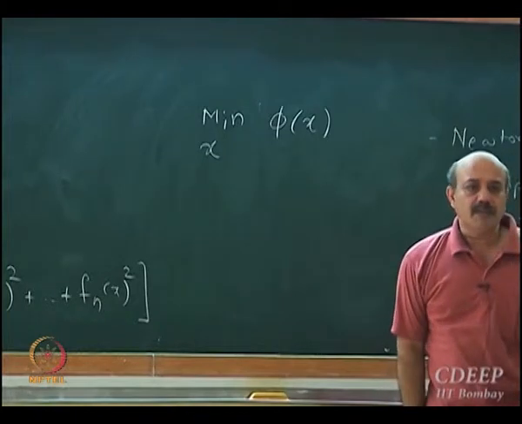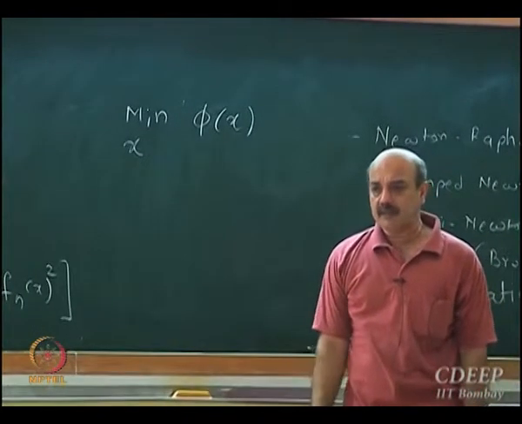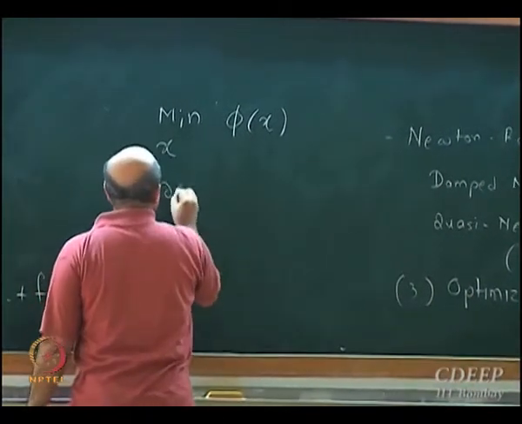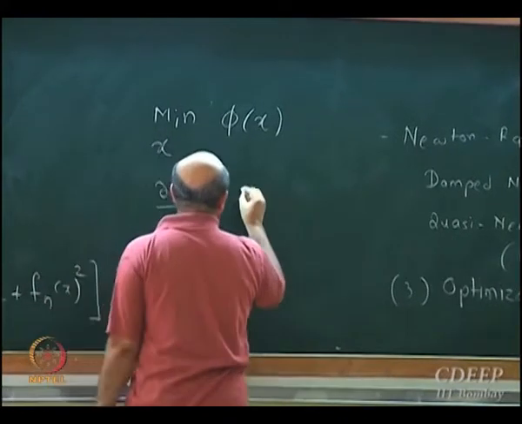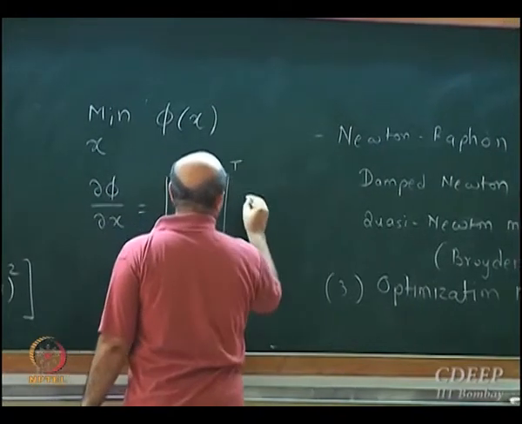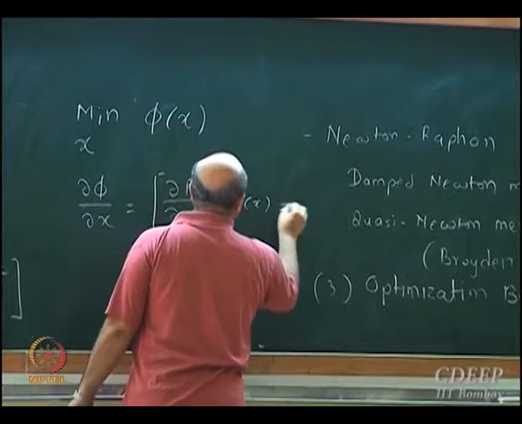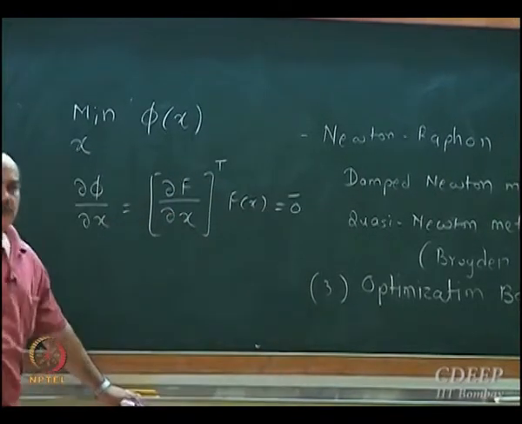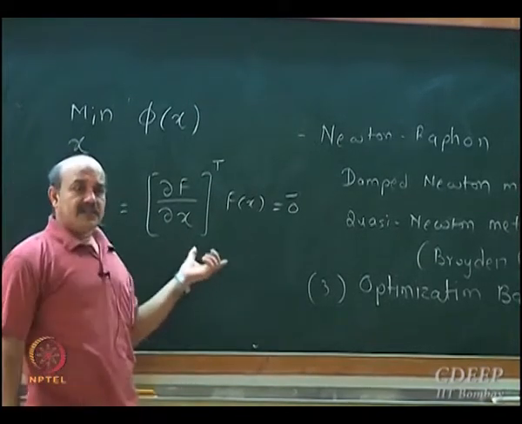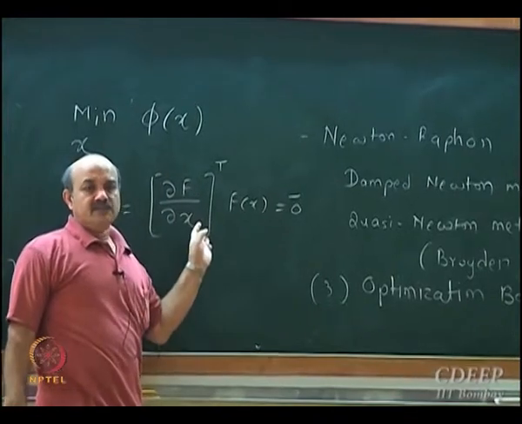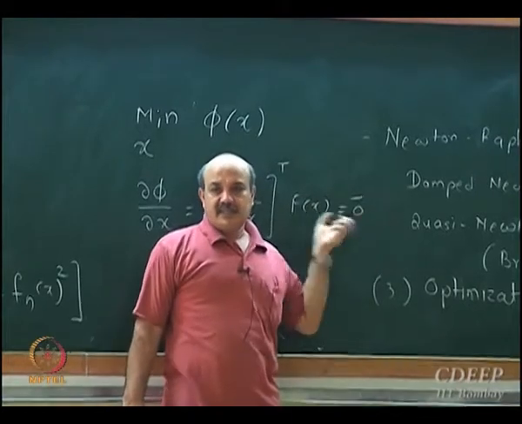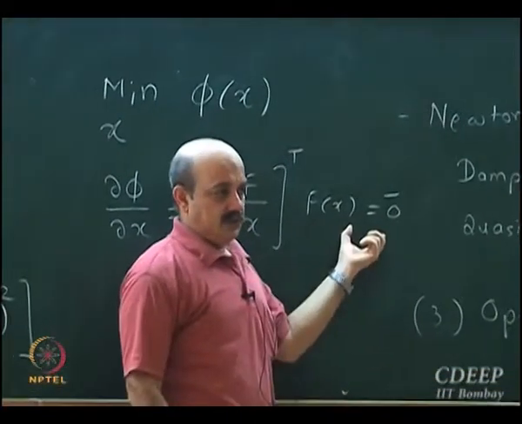What is the optimum? What is the necessary condition for optimality? The gradient is equal to 0. So dou phi by dou x, that is, dou f by dou x transpose times f of x, is equal to 0. This is the optimality criterion. You can see that when the Jacobian is non-singular at the optimum, the only way you can get the necessary condition satisfied is when f of x is equal to 0.